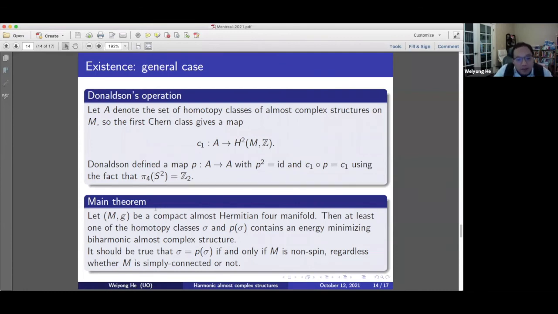Peter Teichner's proof that sigma and P sigma are the same when M is non-spin is for the simply connected case. So I do not know whether this is true when the simply connected condition is dropped. That makes the statement a little bit messy. But our analytical technique and statement essentially work for all these settings, modulo this topological issue.